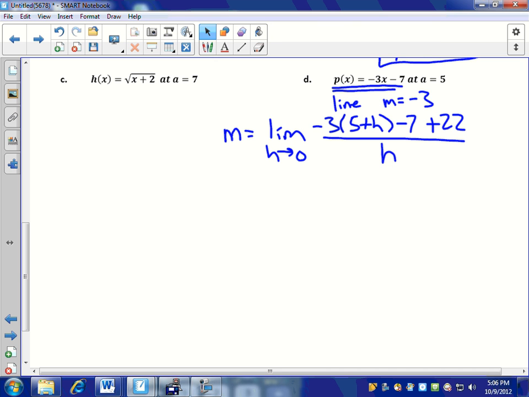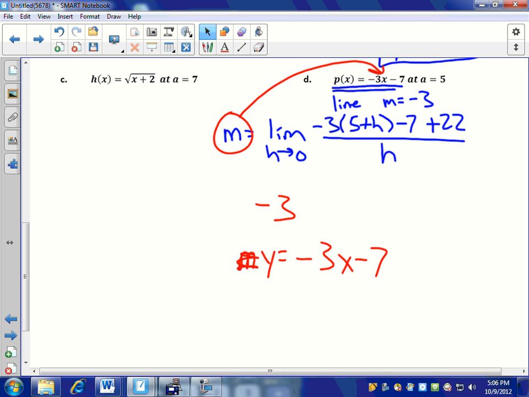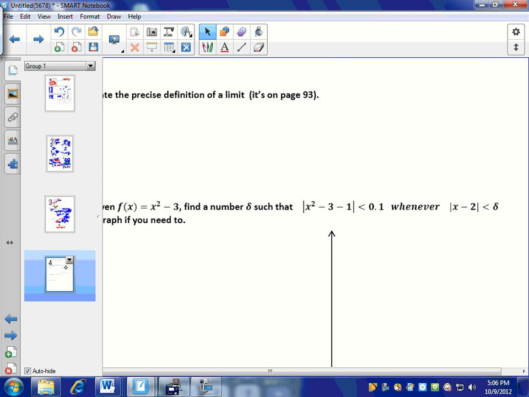Well, look at what I'm solving for: m. I know m. Should get -3. In order to have a tangent line to a line, it's just the same equation, -3x minus 7. So you should get that to work out. Piece of cake. You know how to do it. Trick question.